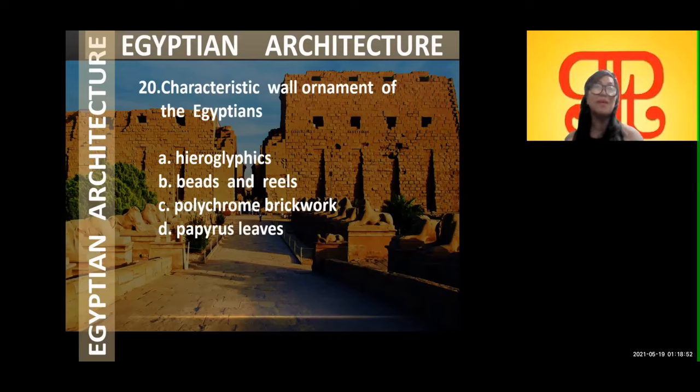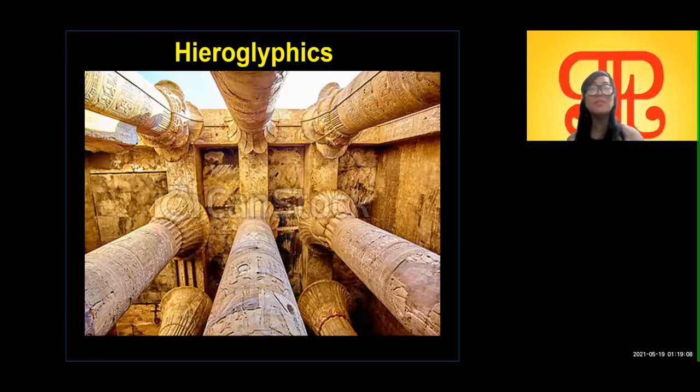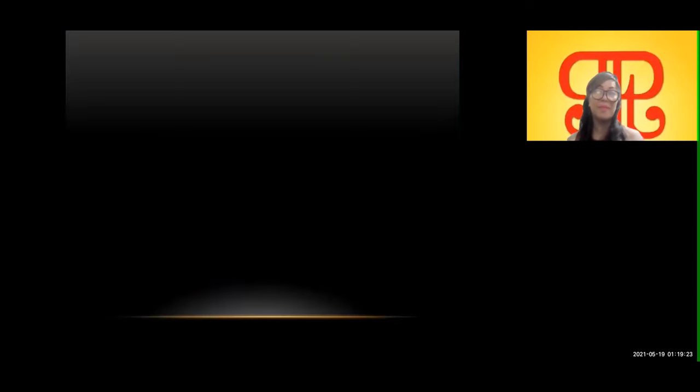So the answer here is hieroglyphics. These are the pictures and writings from the walls of the Egyptians. Their columns are treated with hieroglyphics, and also their ceiling is treated with hieroglyphics.